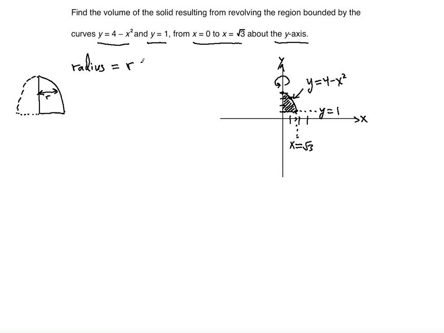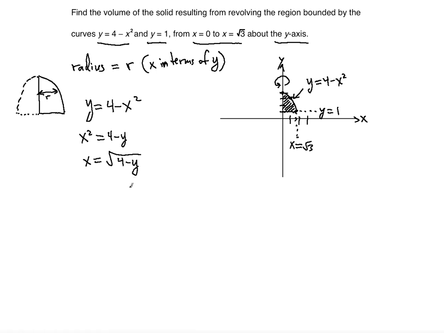What that means is that the function we're given, y is equal to 4 minus x squared, must be solved for x so that x is expressed in terms of y. So let's try it. We have y is equal to 4 minus x squared, so x squared is equal to 4 minus y. So x, since x is positive, is the square root of 4 minus y.